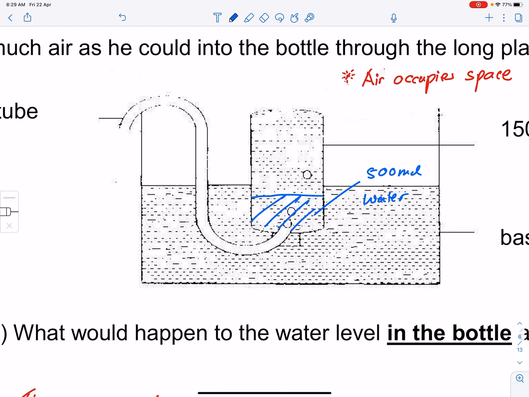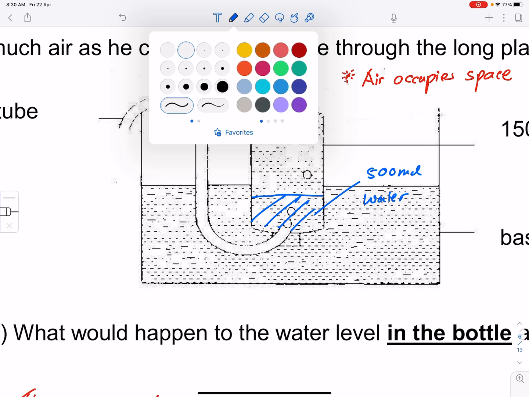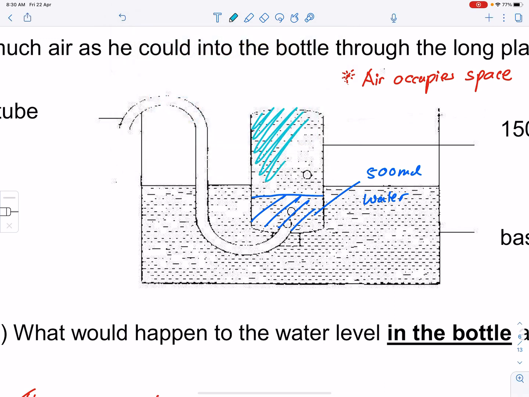So since we know that at the start, the water was filled to the brim, whatever amount of air later on, let me change the color, that occupies this space actually belongs to the amount of air that is blown out from Elijah, which is equivalent to his lung capacity. Okay, so this amount actually came from his lungs, this amount of air.